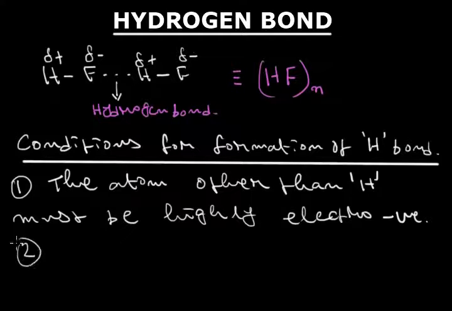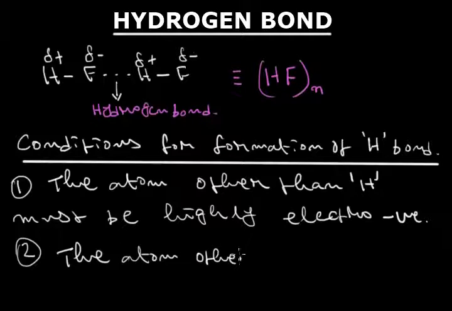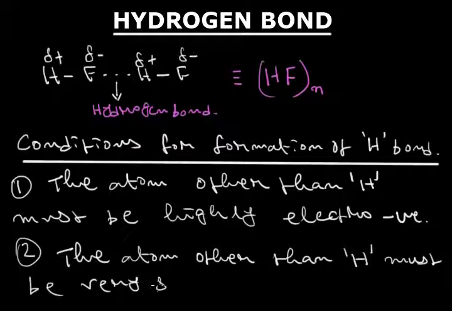Number 2, the atom other than hydrogen must be very small. These are the two conditions for formation of hydrogen bond.